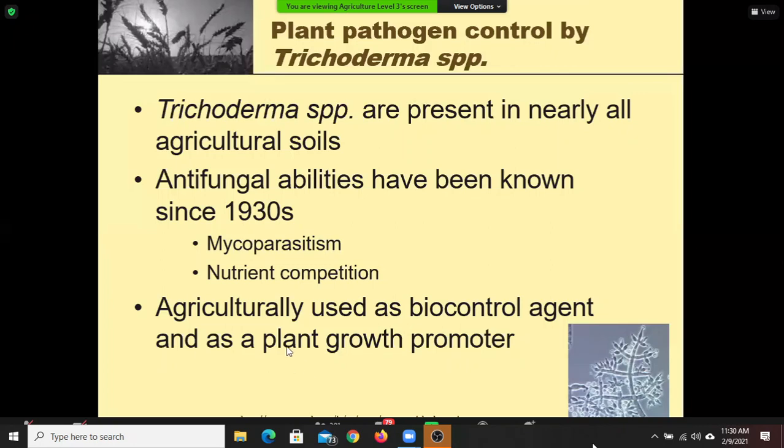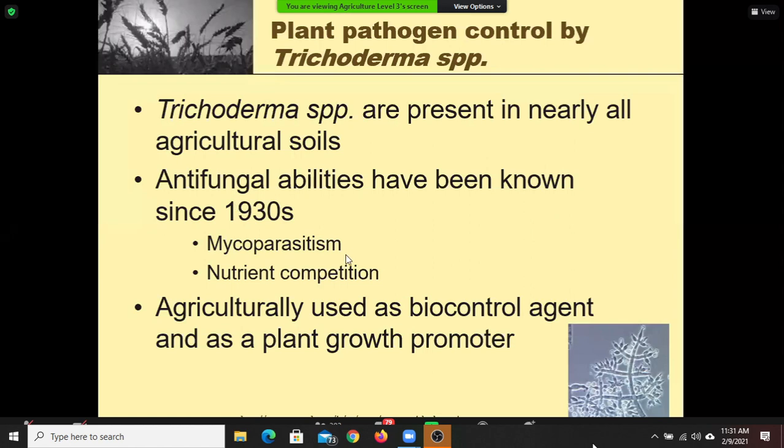So I will tell you an example, that is plant pathogen control by trichoderma species. You can see here trichoderma. This is a beneficial fungus. There are a number of trichoderma species presently available in agricultural soil. Almost all agricultural soil has trichoderma, which has antifungal ability, and it has been known since 1930.